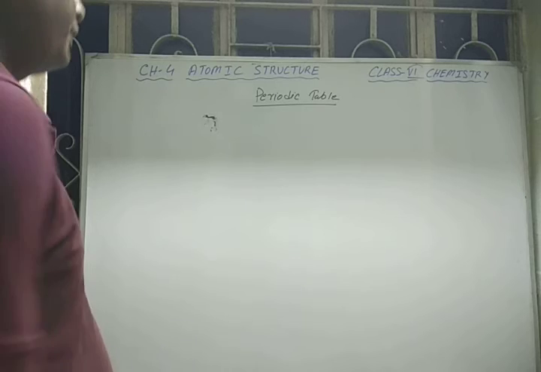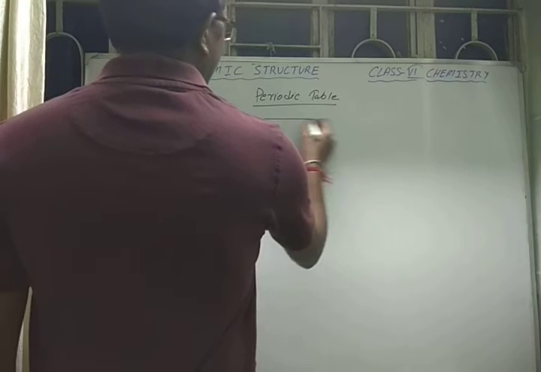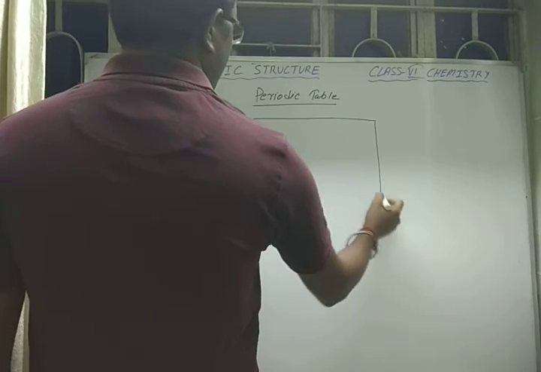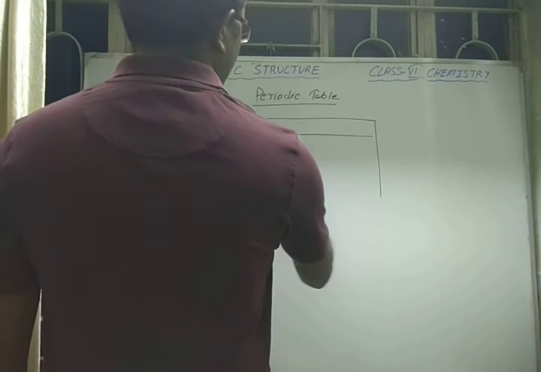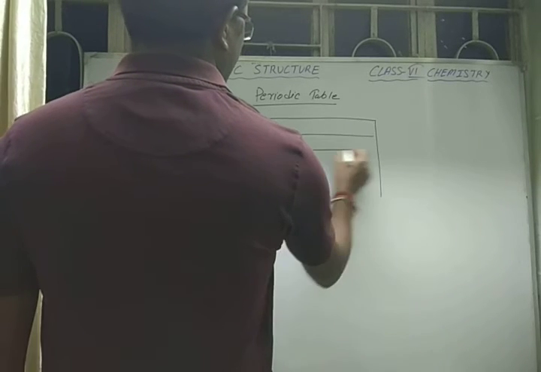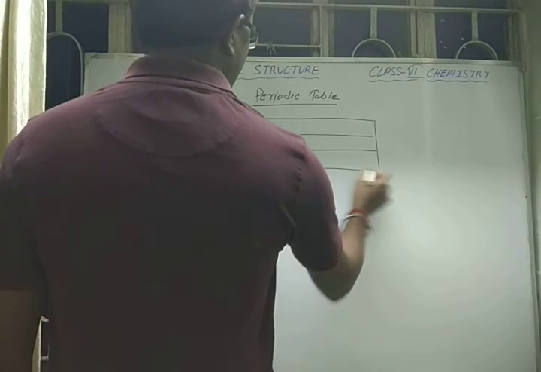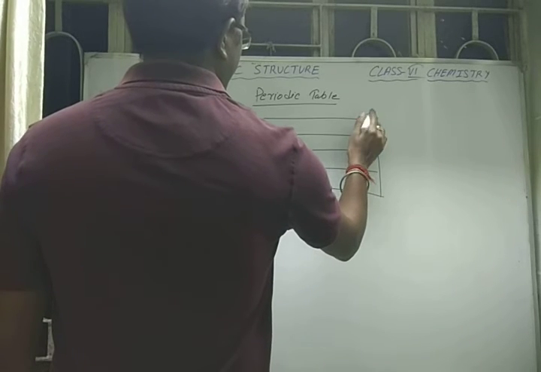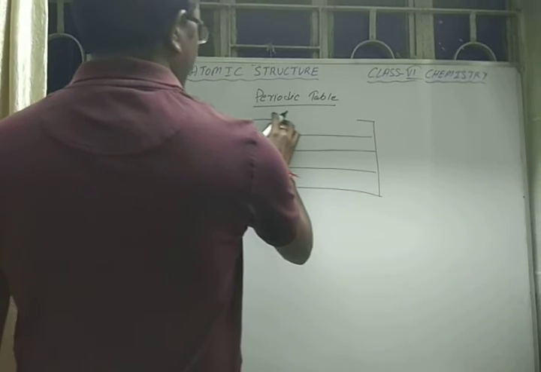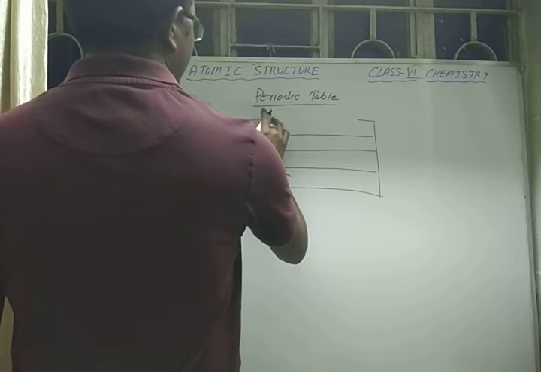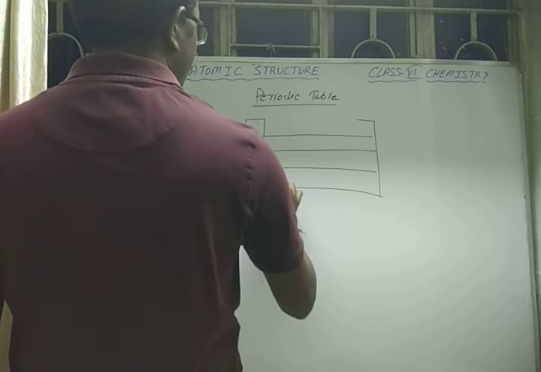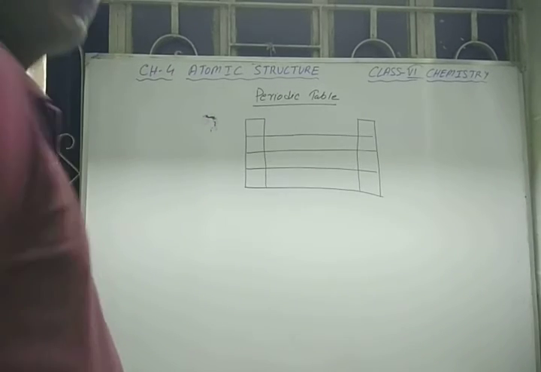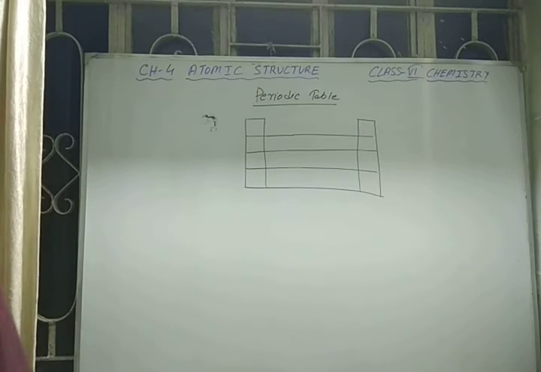So a periodic table looks like this. I've drawn it the simple way.